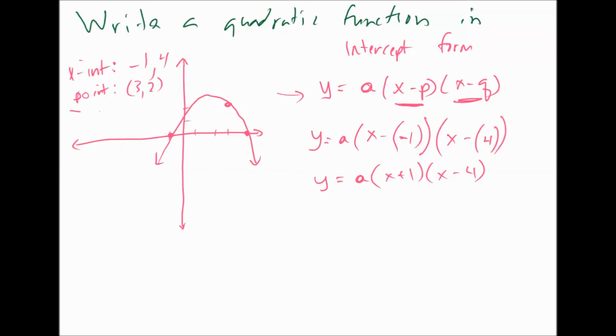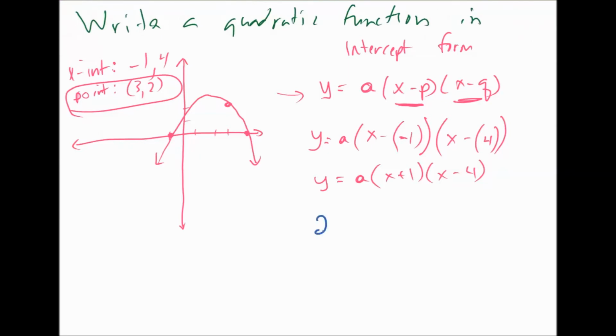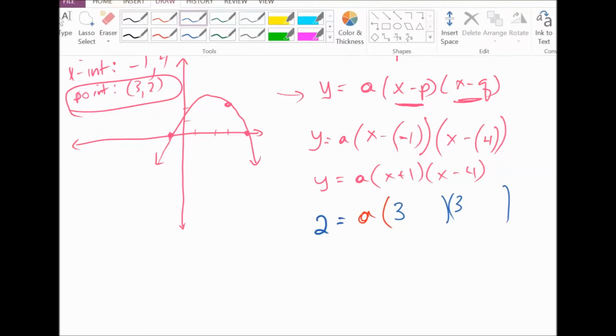Then we're going to plug in that point to x and y. So we have the point 2 equals a times, we plug in 3 for x. Keep everything else the same.